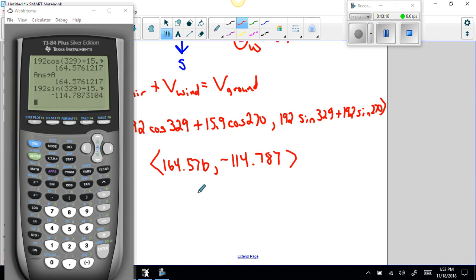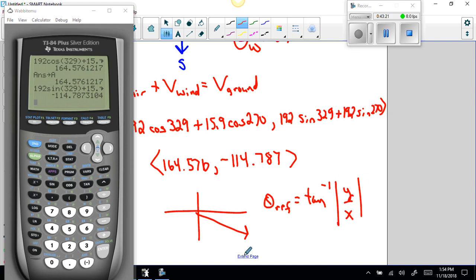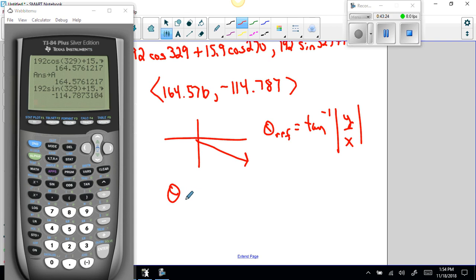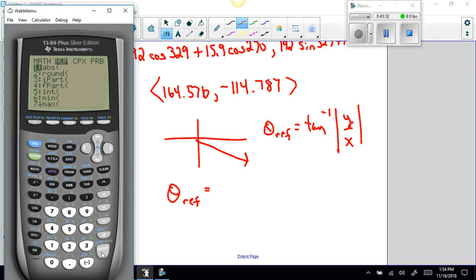Now, you're in the fourth quadrant, that theta ref is inverse tangent absolute value of y over x. So theta ref equals inverse tangent of the absolute value of alpha B divided by alpha A. I didn't store in B. I got this.